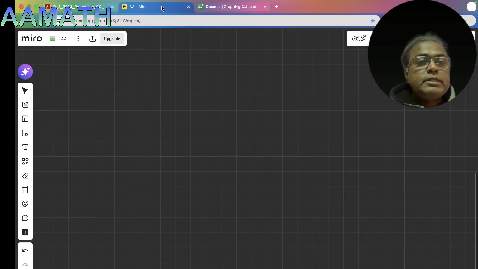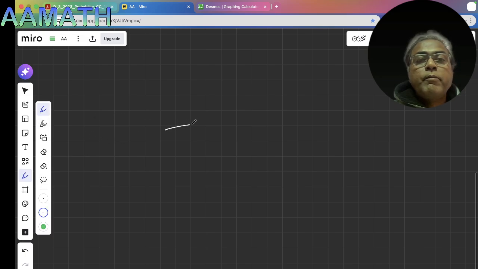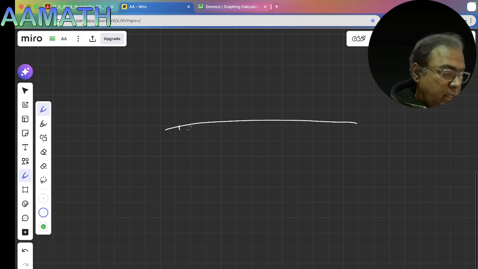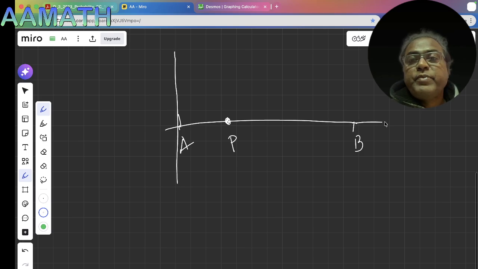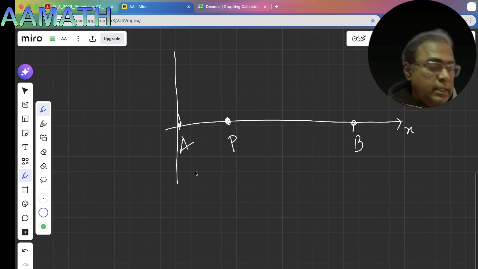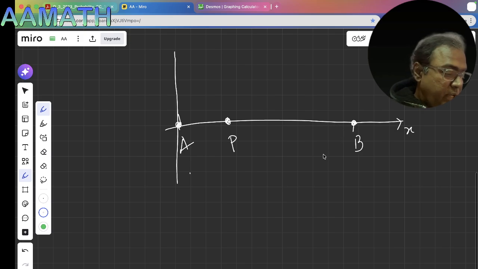So this is the straight line, with this point A, this point B, and this point P. Suppose this is the x-axis, this is the point A, which is the origin, and this is the point B. The length is twice a.